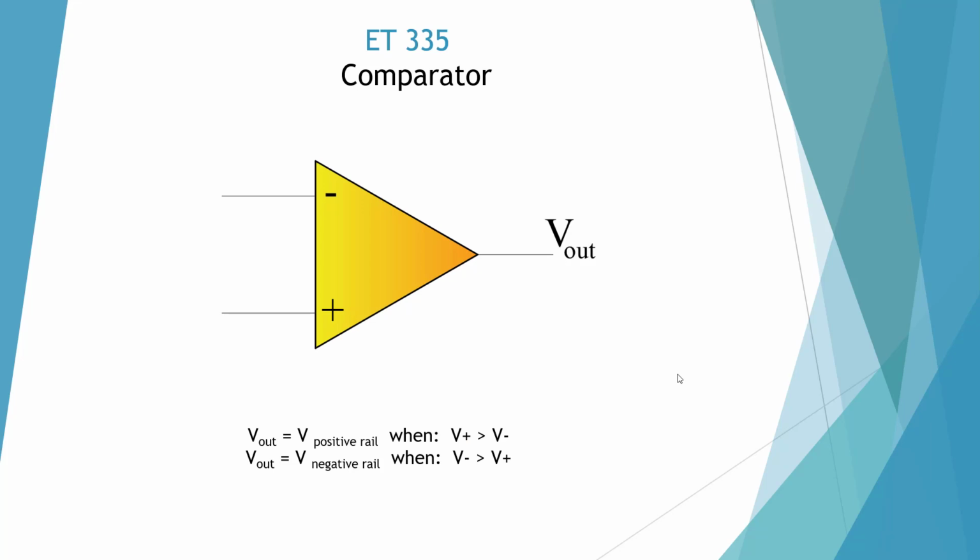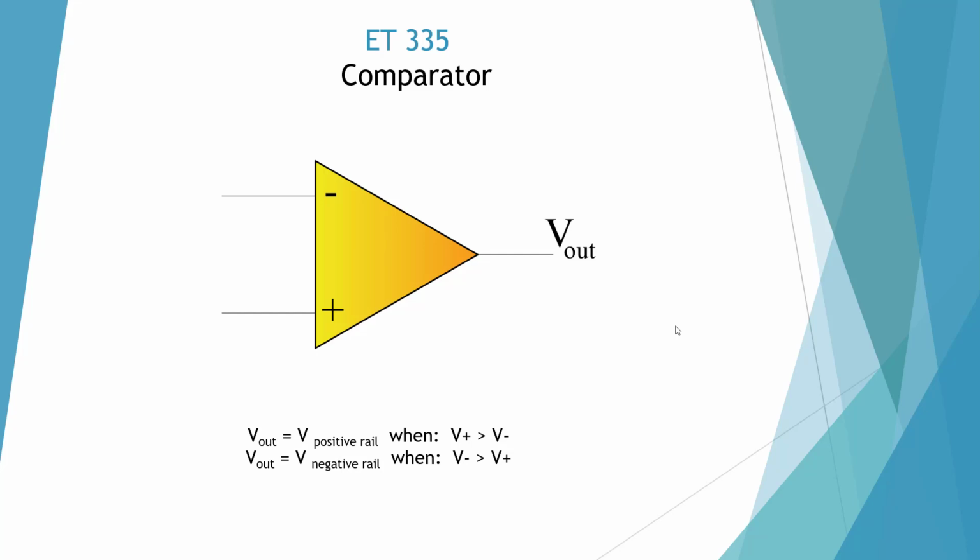Here we have a comparator, and essentially we're taking our op-amp and removing all the feedback. And what it's doing is comparing these two inputs, and whichever one's larger, it's going to drive it to the rail. And the rail is the voltage of the power supply multiplied by some reduction depending on the device.